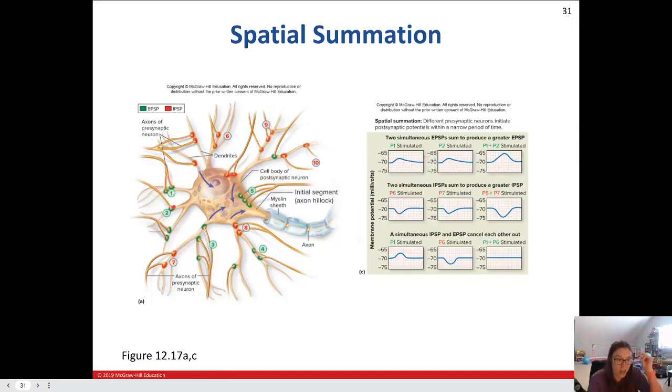Let's say at exactly 1 o'clock, each of these different areas is going to have an EPSP or an IPSP happen simultaneously. And so if they're both EPSPs, you get a bigger EPSP. If they're both IPSPs, you get a bigger IPSP, and they might cancel each other out if you have one EPSP and one IPSP. And so this is when we have multiple inputs at different areas of the cell.